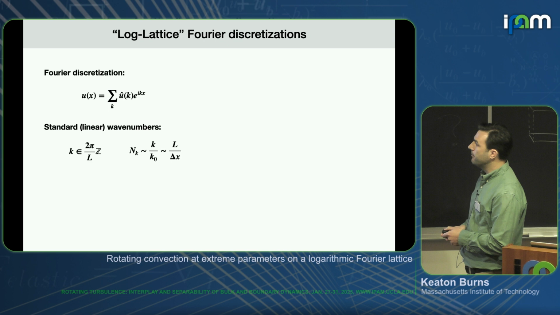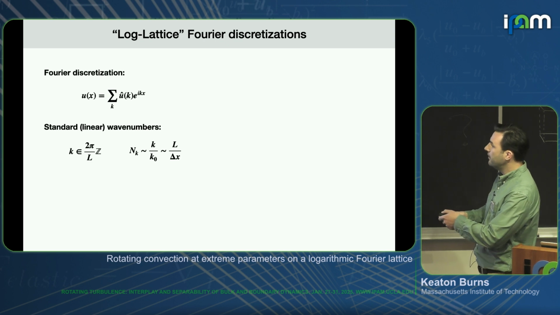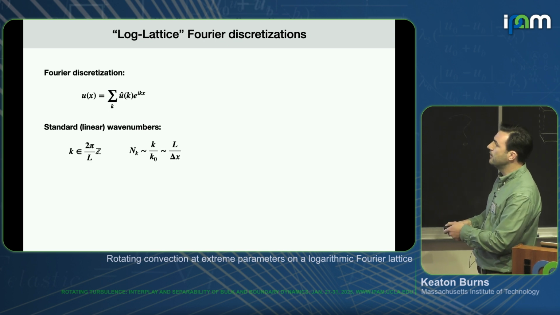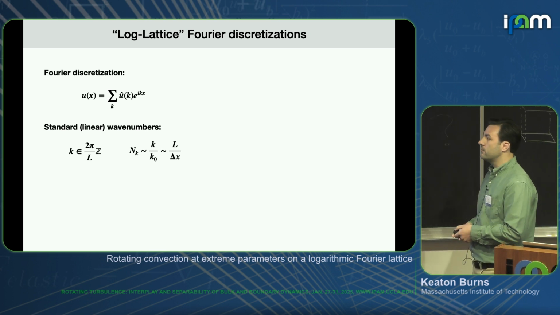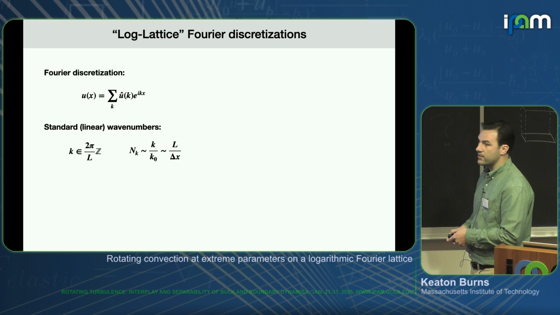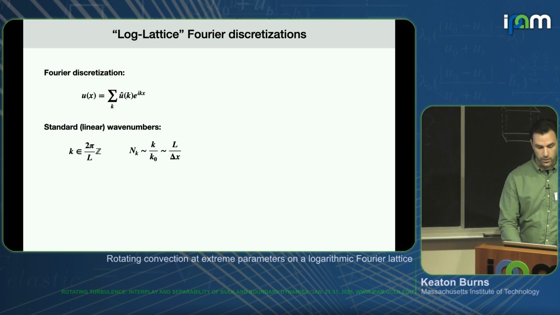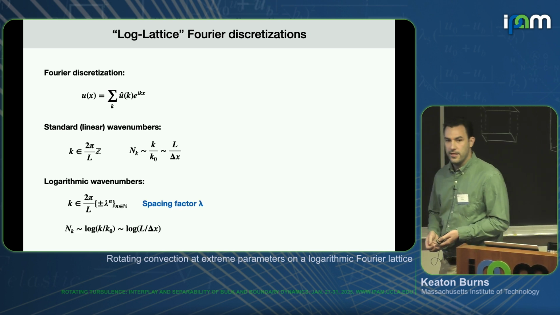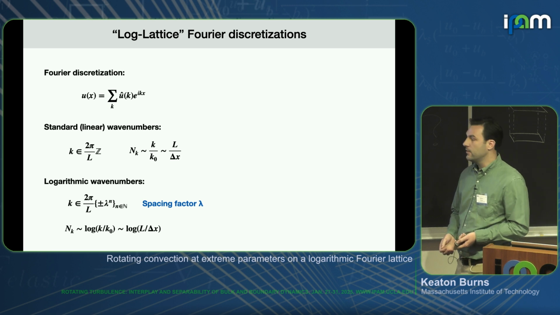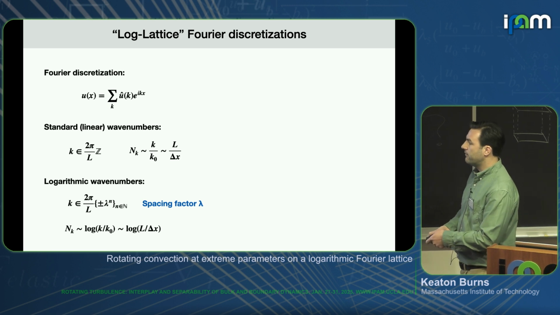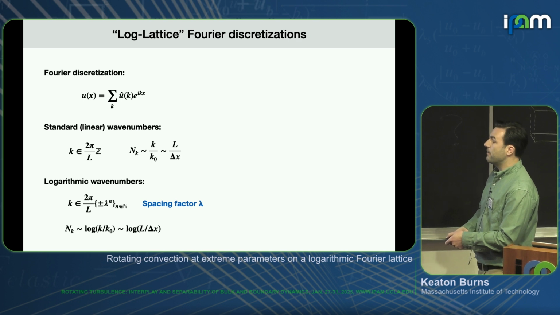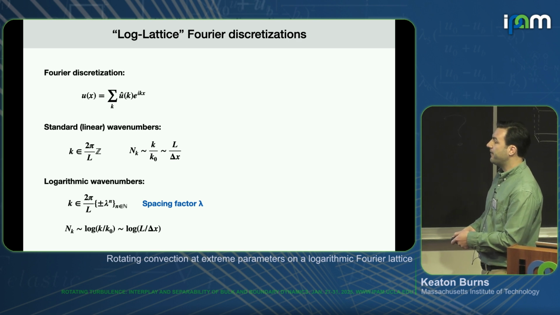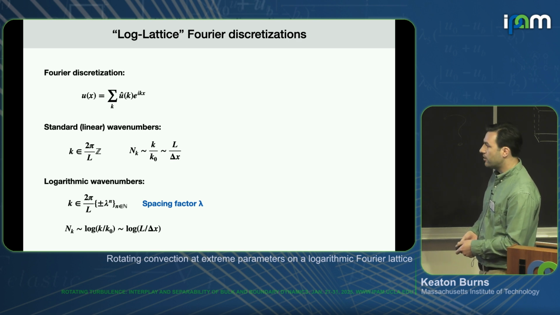So our unknown variables are still going to be sums of Fourier amplitudes times complex exponentials. But instead of the regular Fourier series, where we take all of the integers as our set of wave numbers, we're going to take a logarithmically spaced set of wave numbers. So the idea is that we take our wave number set to be 2 pi over some large length scale L times some fixed spacing factor lambda to the power of n, where n is a positive integer.